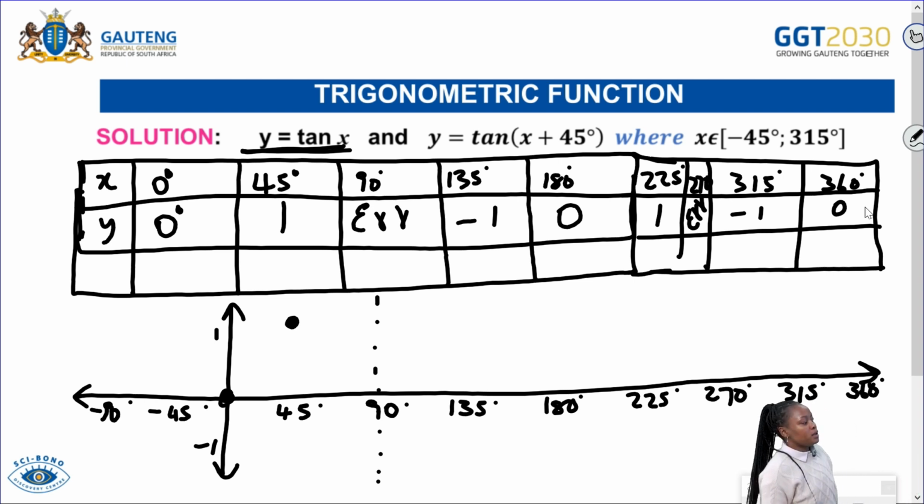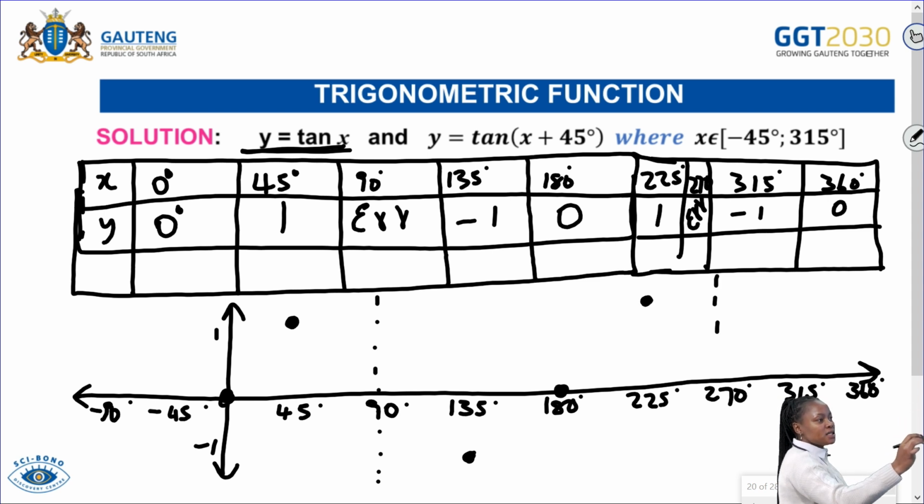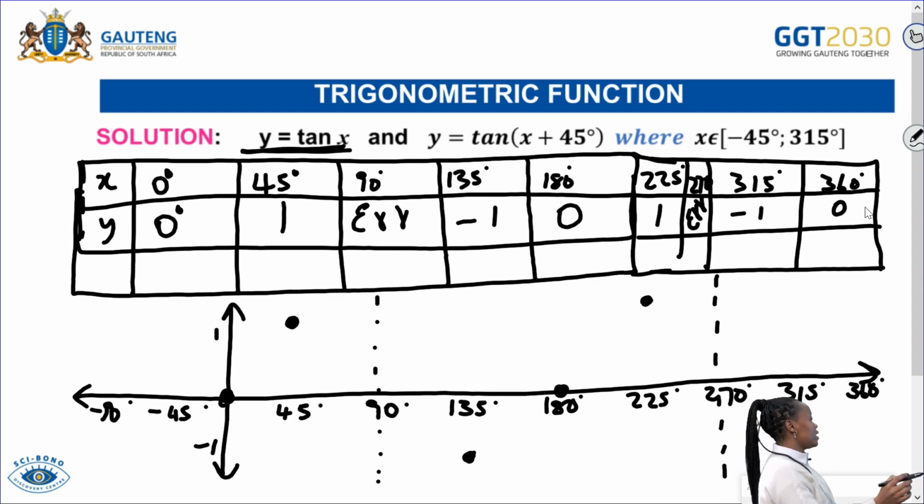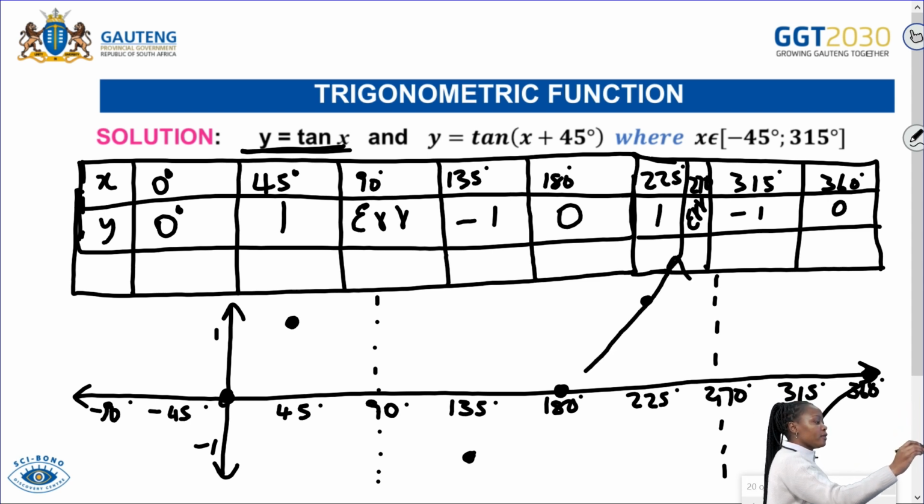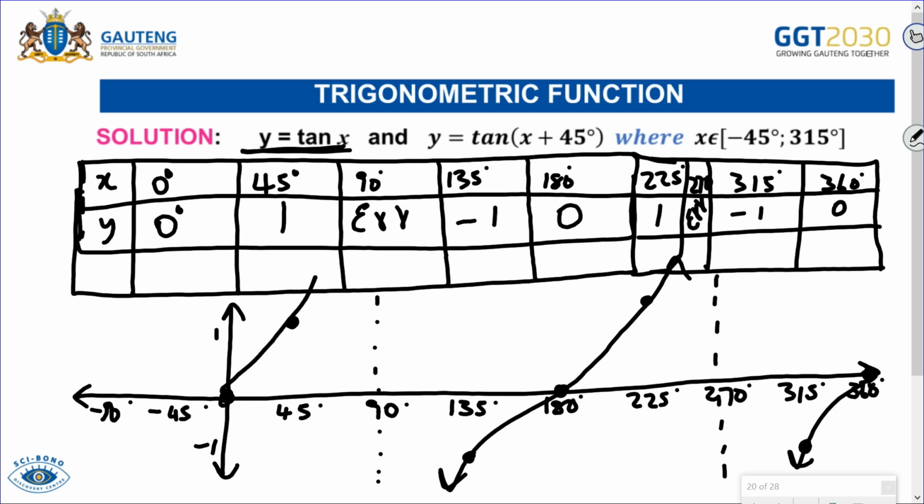At 135, -1. At 180, you have 0. At 225, y is 1. At 270, you have your asymptote. At 315, you have -1. And at 360, you have 0. So your graph will go like this, and then it will go like this. This is the mother graph. You already know how to sketch this one.